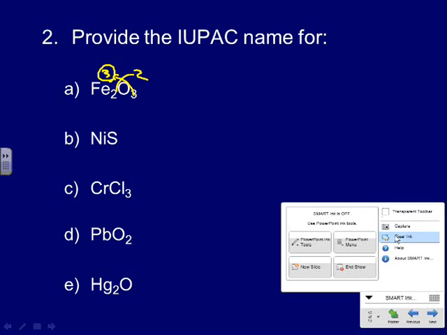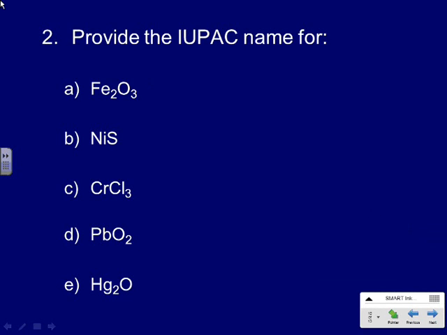I'm going to clear this out of the way. It has nothing to do with writing anything down, but it has to do with using your periodic table quickly and easily. I take a look and I see that I've got 2 choices, and I've got iron 2 or iron 3. I know I'm up against oxygen. If it was the 2, what would have happened to my numbers? Canceled away. Can't be 2.